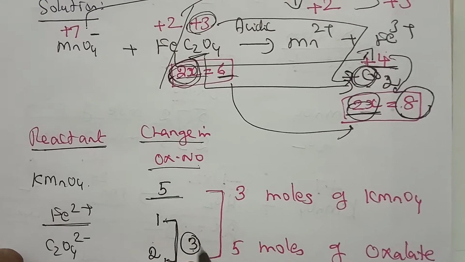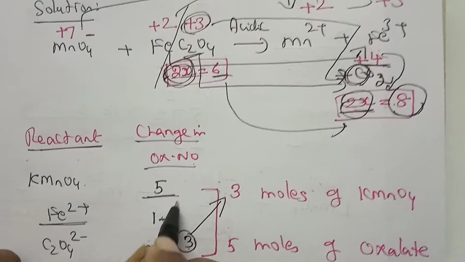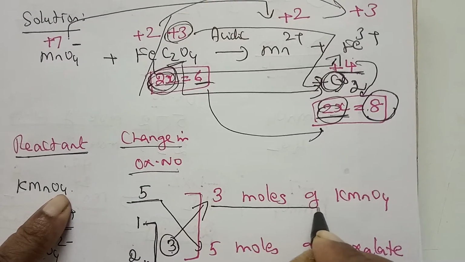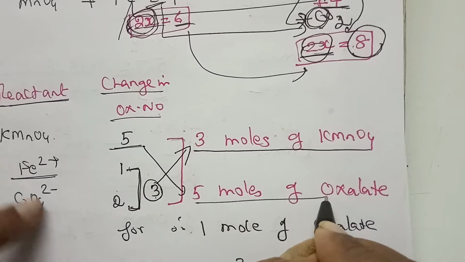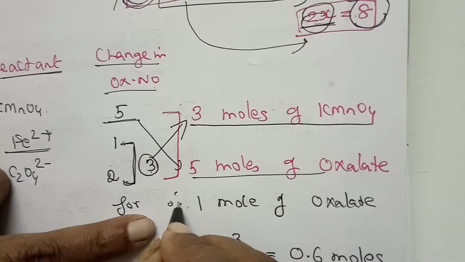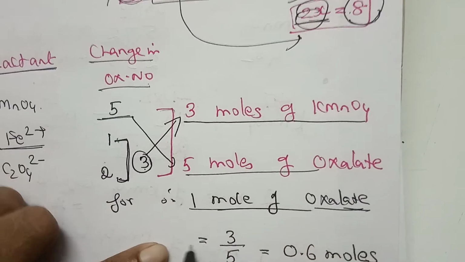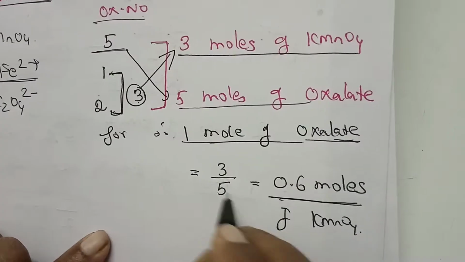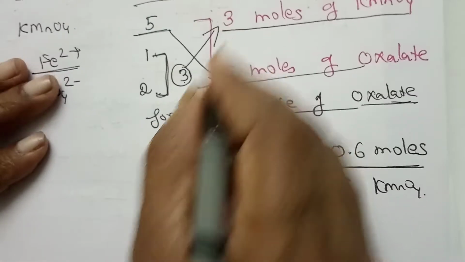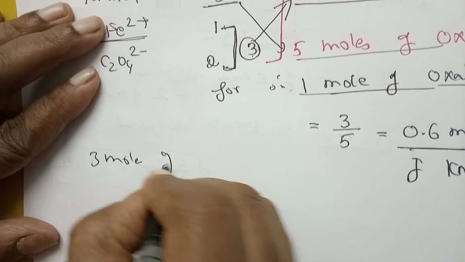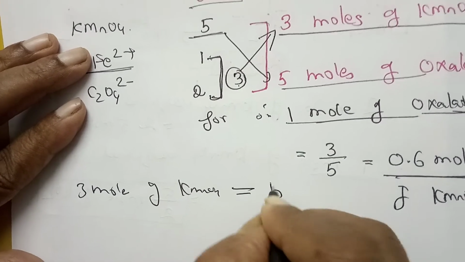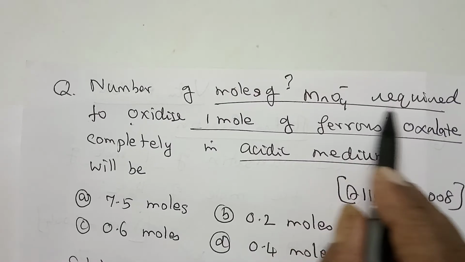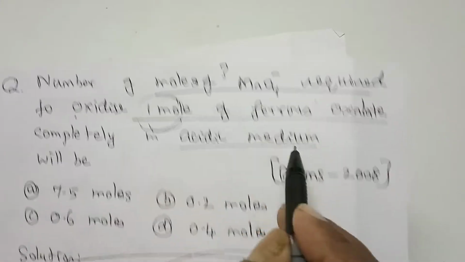Now let us go to the cross multiply. For manganese you write 5 and for ferrous oxalate you write 3. So 3 moles of permanganate react with 5 moles of ferrous oxalate. The question they are asking is how many moles of permanganate are required for 1 mole of ferrous oxalate.